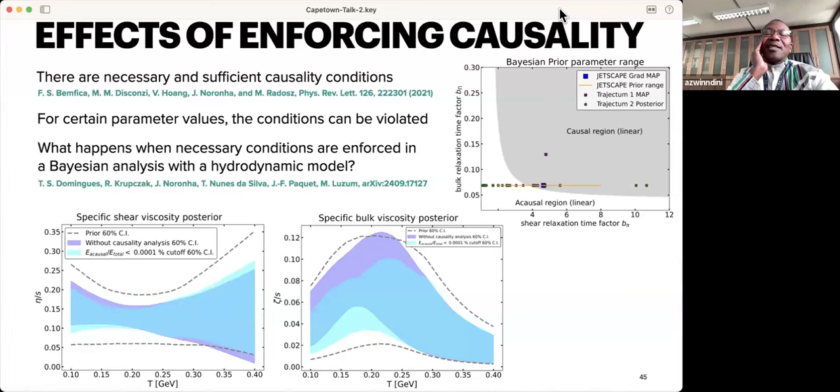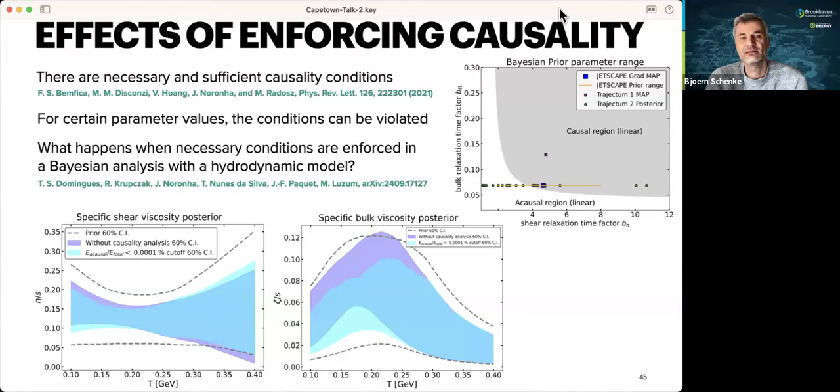One wonders whether that can shift this bulk shear relaxation time plane. If you now know the coefficients themselves, whether the causality region will shift, because it looks like this region depends on these parameters.